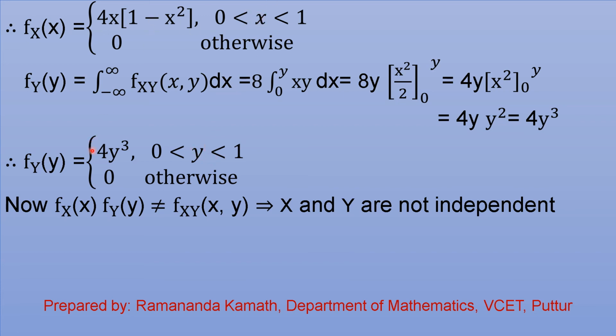So if you multiply 4x into 1 minus x square into 4y cube, you don't get 8xy. You don't get it as 8xy. That means this product is not equal to the joint probability density function. Fx of x into fy of y is not equal to fxy of x comma y. Therefore x and y are not independent.